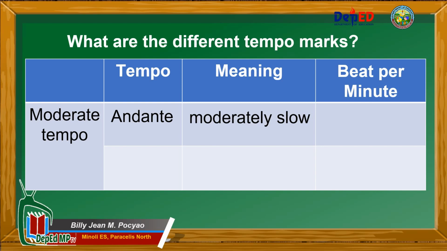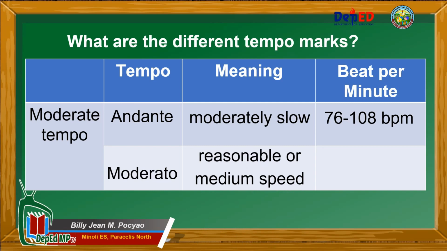Andante generally registers from 76 to 108 beats per minute. Another one is moderato. Moderato is reasonably or in medium speed with 108 to 120 beats per minute.